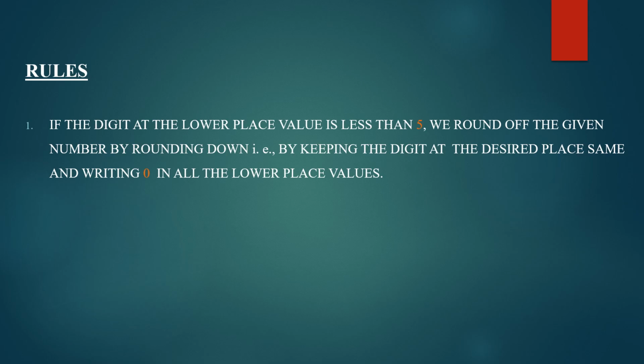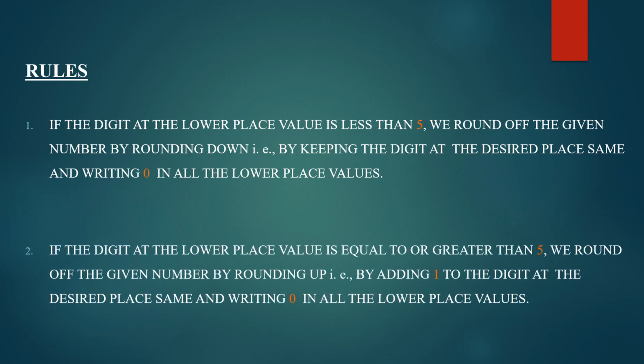If it is less than 5, that process is called rounding down, which means we keep the digit in the tens place the same, but the number in the ones place, since it is less than 5, we write 0 over there. Okay, it is clear. So now we move on to the next rule.